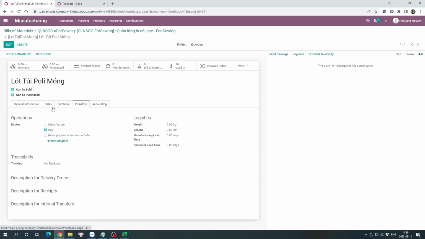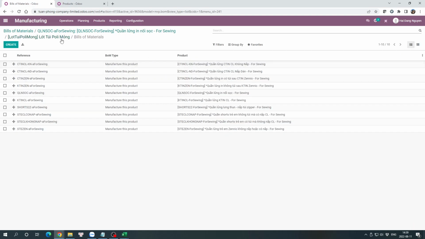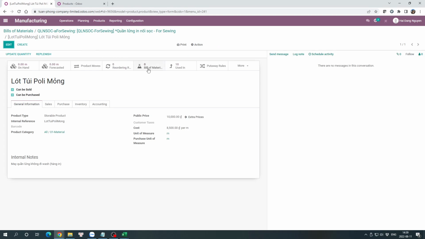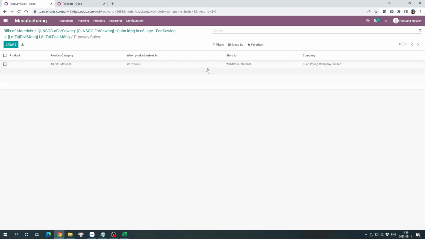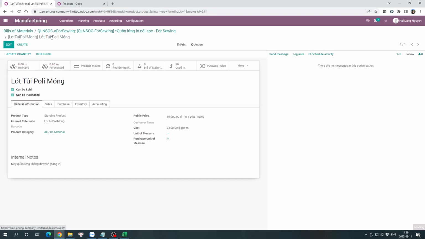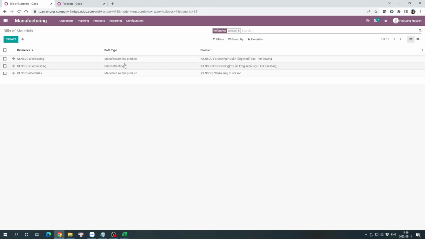Other things would be similar. This one is used in many products. Well, yes, in many bills of material. It's lining. Reordering rule. No, we wouldn't want to automate that. Putaway rules. Similarly, it's lining and it goes to that location, material. Any other things? No. That was the first bill of material.